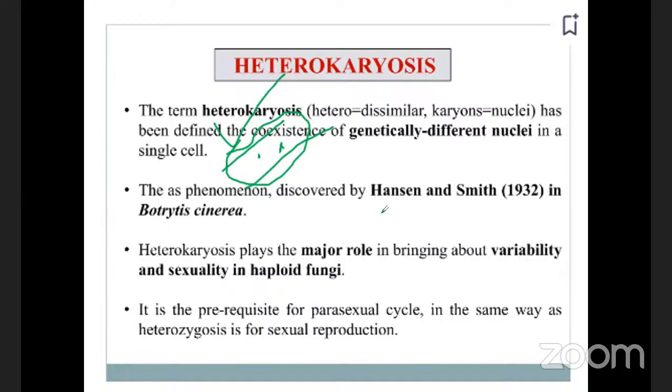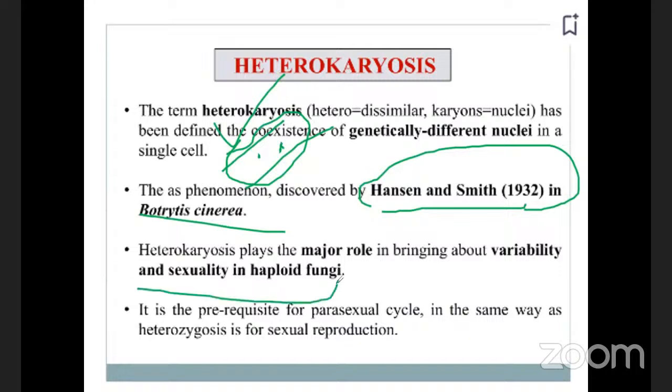Heterokaryosis was first discovered by Hansen and Smith in Botrytis cinerea. Heterothallism was first discovered by A. Blakeslee in Mucor. This plays a major role in variability and sexuality in haploid fungi.